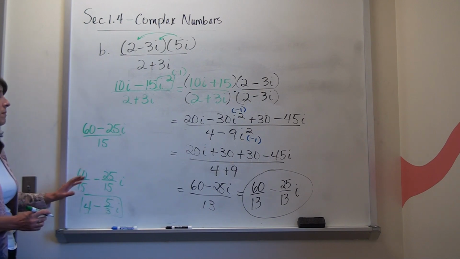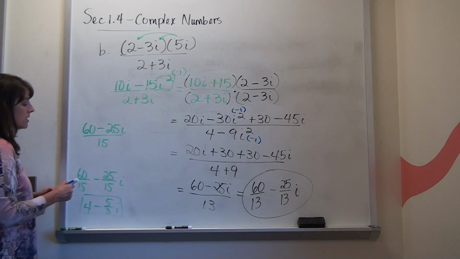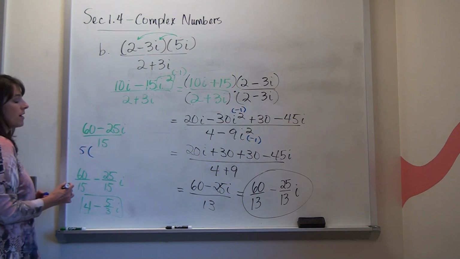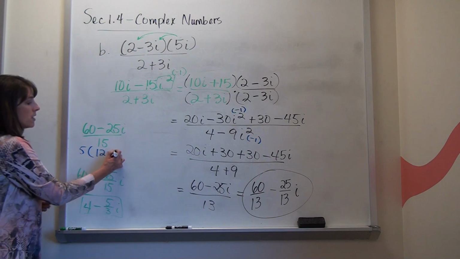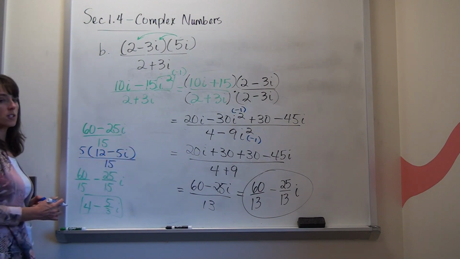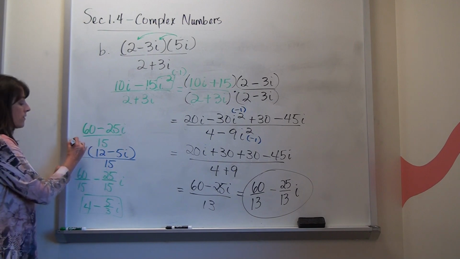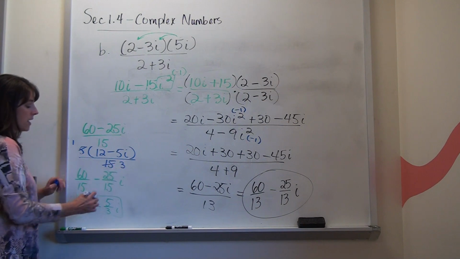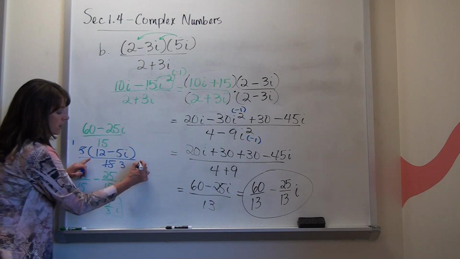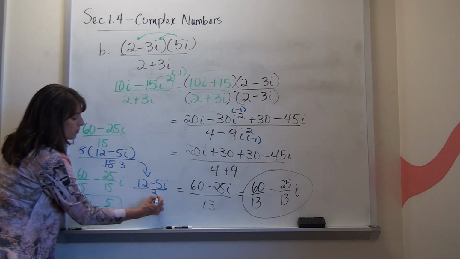If you don't like that method, then let's factor out of the numerator. I can take both of these and divide a 5 out of each one, and 5 comes out of 60 12 times. 25 divided by 5 is a 5i. Here's that 15 in the denominator, and yet again out here on the diagonal this will cancel. 5 goes into 5 once, 5 goes into 15 3 times. I am left with a 12 minus 5i over 3.